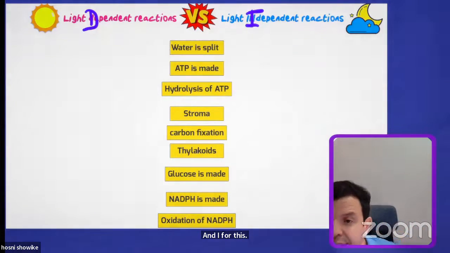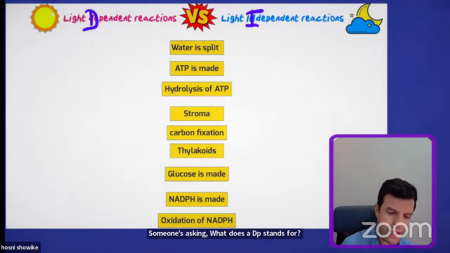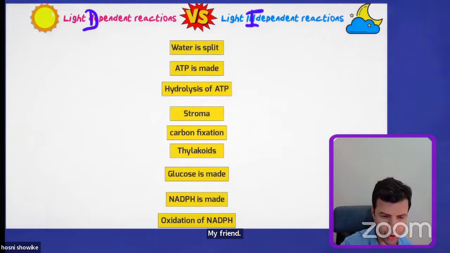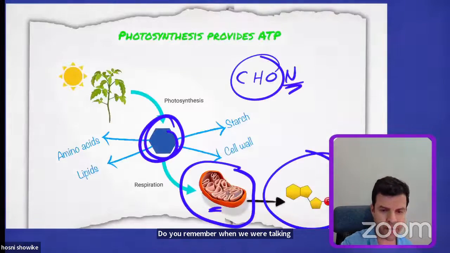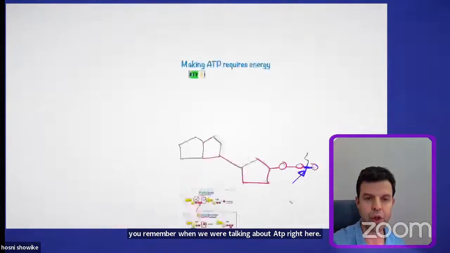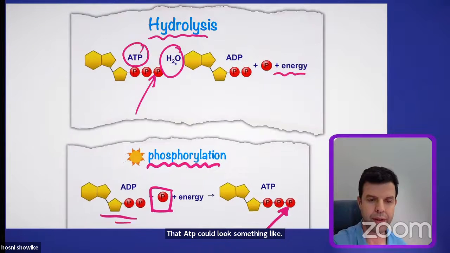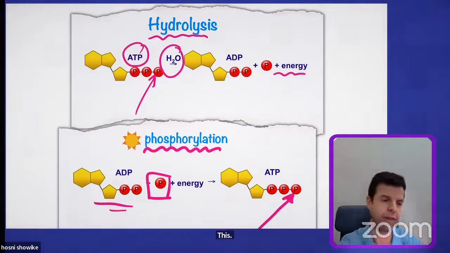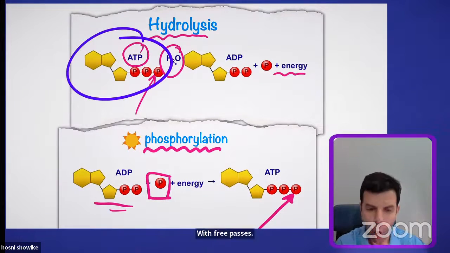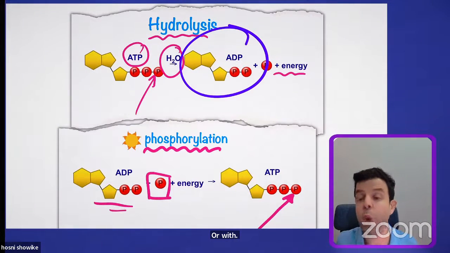Someone's asking, what does ADP stand for? My friend, do you remember when we were talking about ATP right here? We said at that time that ATP could look something like this, with 3 phosphates, right? Or with 2 phosphates, right?